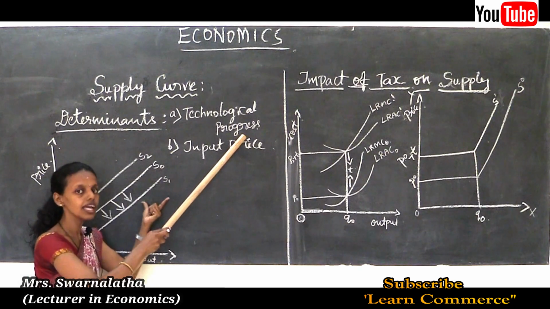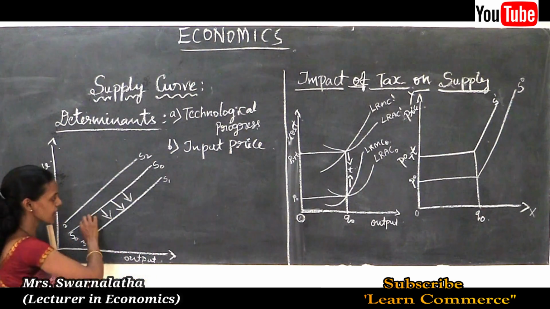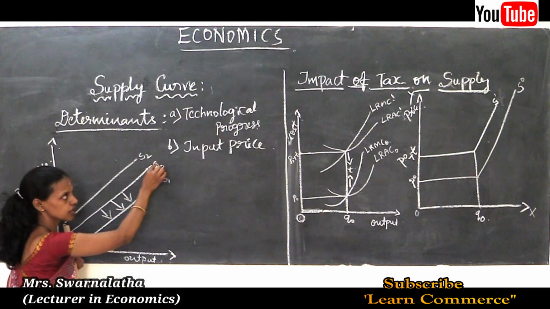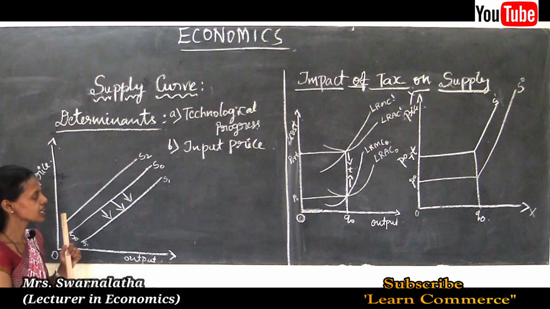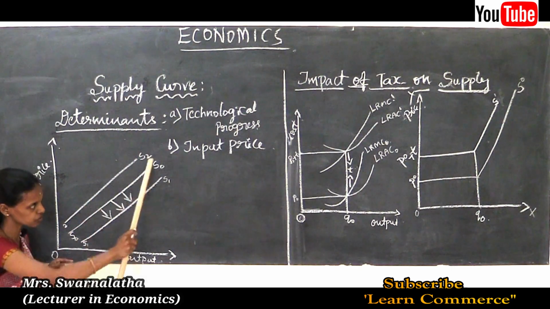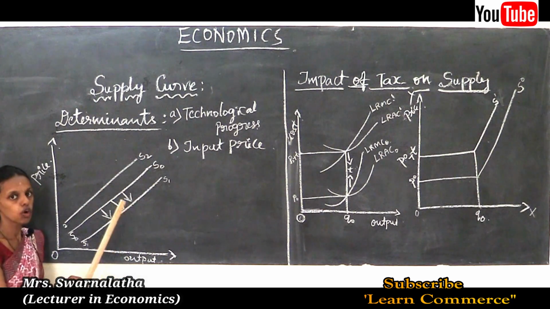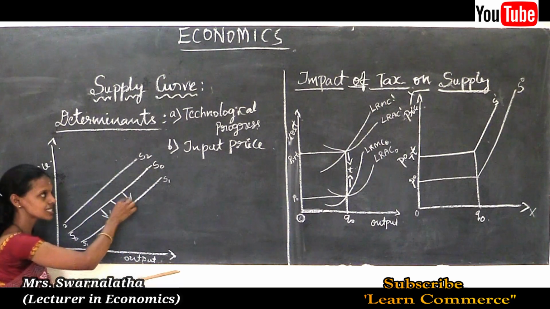It means supply increases, and due to the increase in supply the curve shifts from the original S0 to S1. It means the supply curve shifts from left to the right. What it shows is that the firm is going to get the maximum profit.